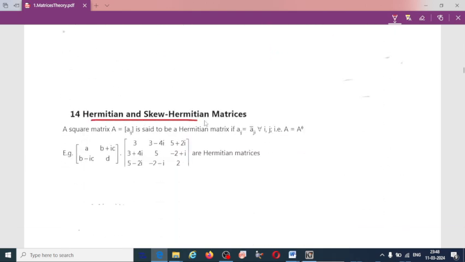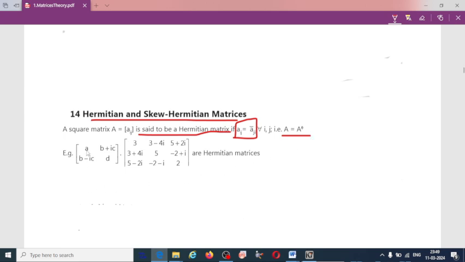Hermitian and skew Hermitian matrix. Like symmetric and skew symmetric, here we define Hermitian. A square matrix A equal to Aij is said to be a Hermitian matrix if Aij is equal to Aji bar for all i, j, that is A is equal to A conjugate transpose.